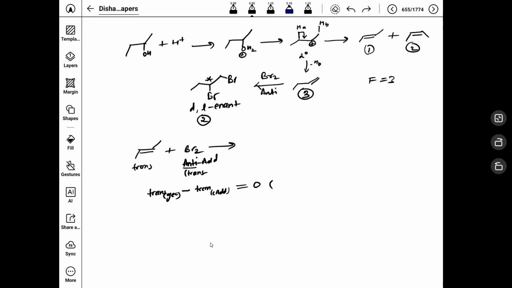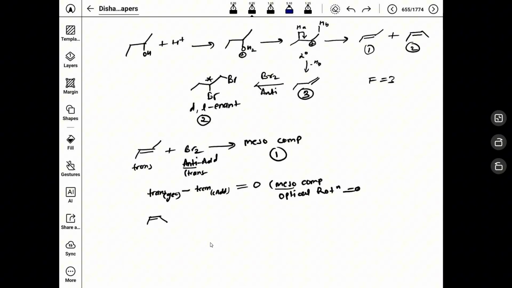So 0 means meso compound, because meso compound has optical rotation 0. So I can understand that this will be meso compound and it will be only 1.